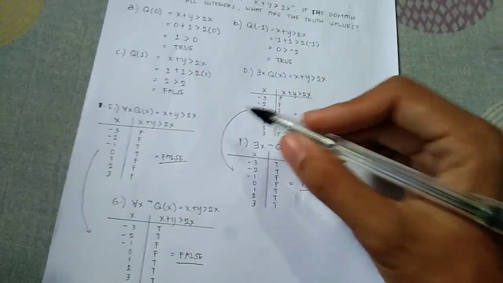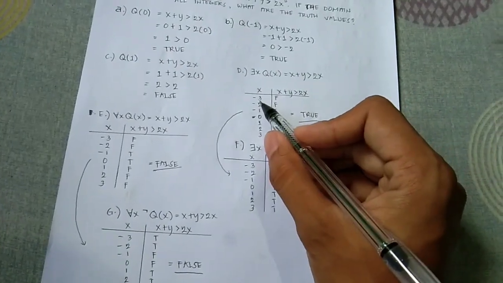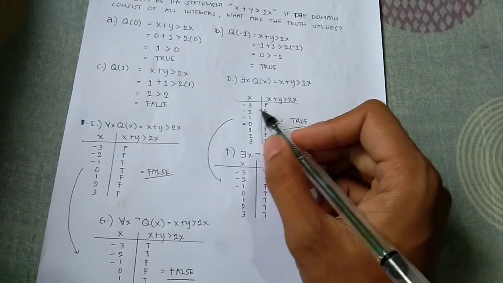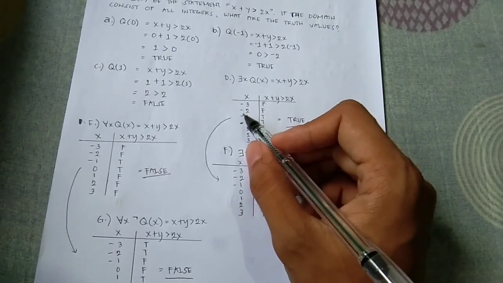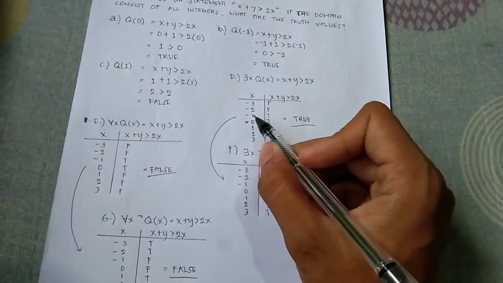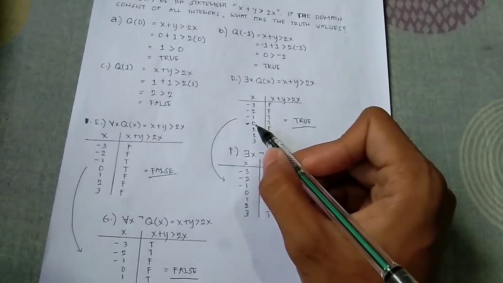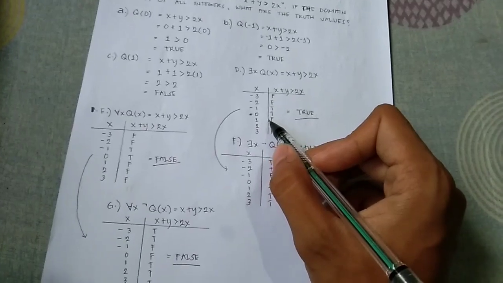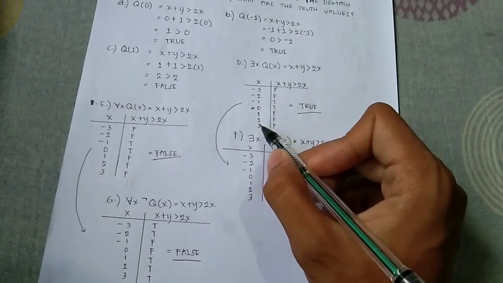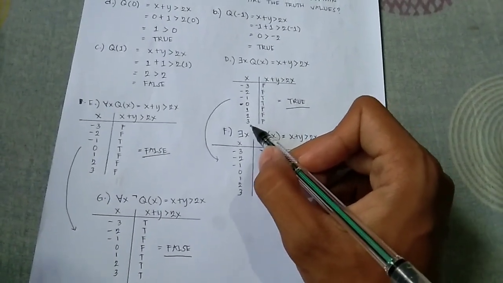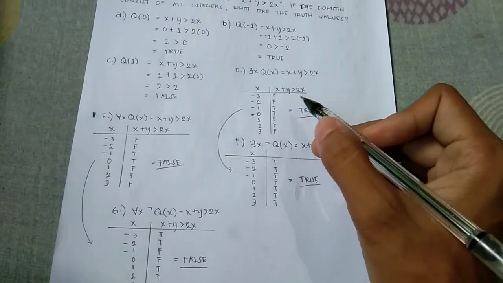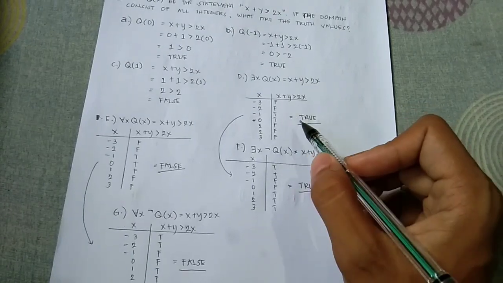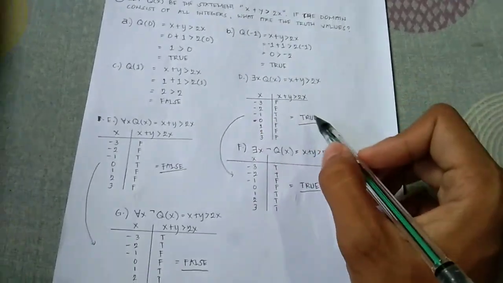If we distribute negative 3 to x, it will become false, and for negative 2 false, negative 1 true, 0 is true, 1 is false, 2 is false, 3 is false. So we have 2 true, so letter D is true.